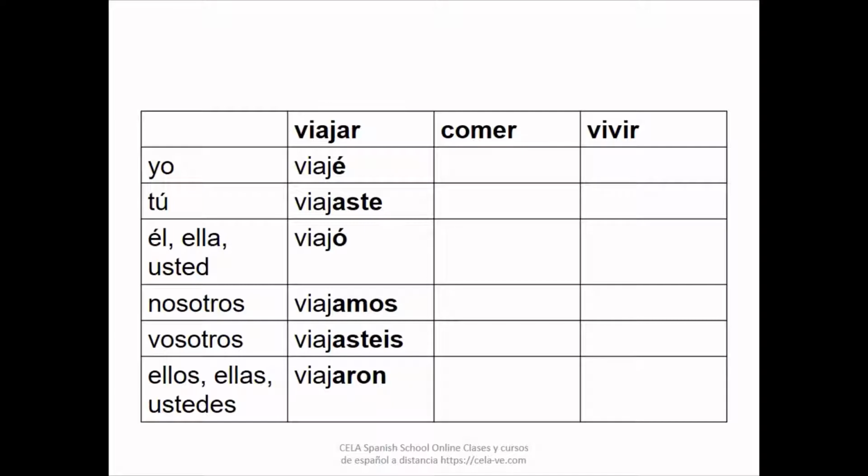Please notice that in this tense, it is the third person singular that ends in O. Él viajó. If you remember, in the present tense, the verbs of the first person singular end in O. Yo viajo.